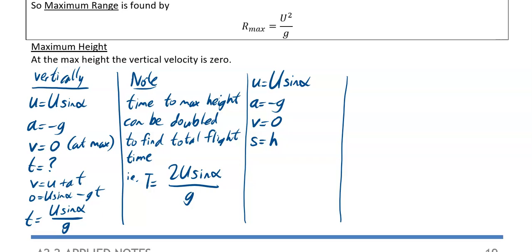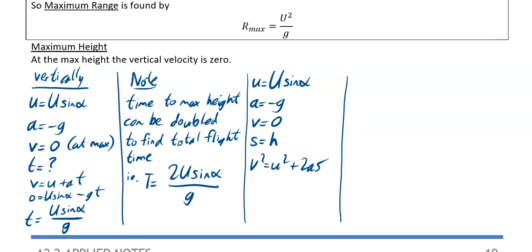Okay. So that's all that we have. So we could say that v squared equals u squared plus 2as.